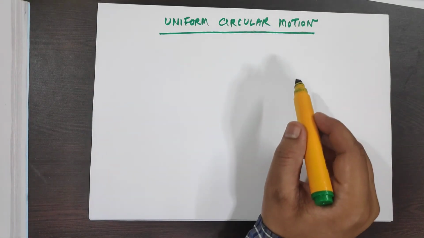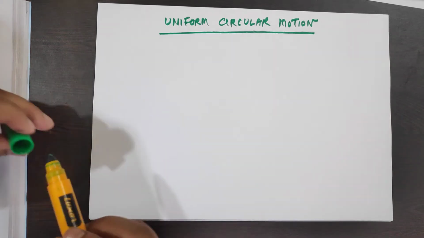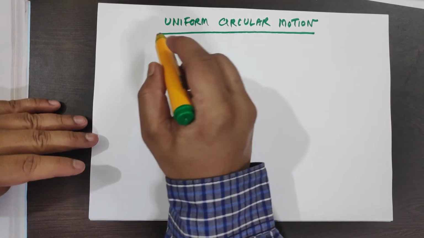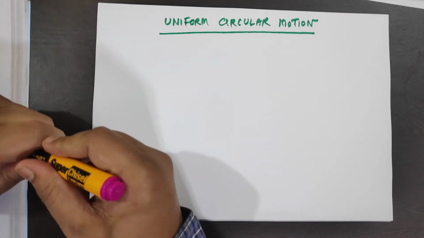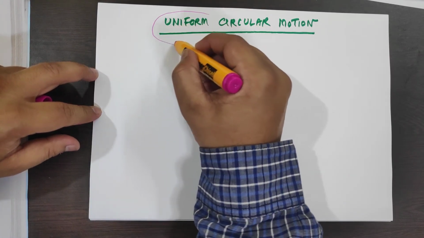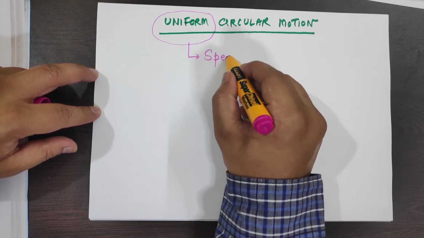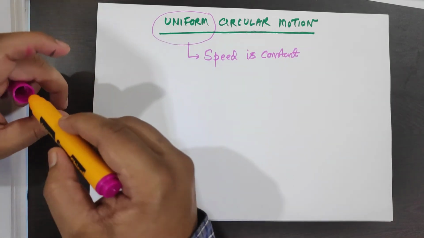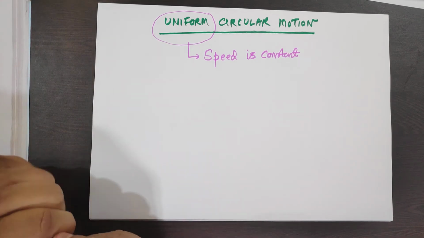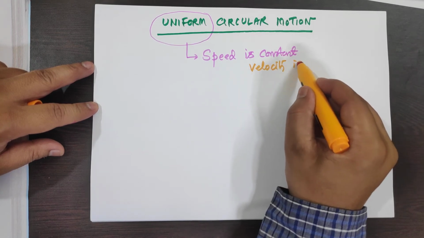Here the velocity of the particle is changing in a circular motion, that is, the particle travels in a circular path, and uniform means the speed is constant, right? Uniform circular motion means the speed is constant, speed does not change, but velocity changes because velocity is a vector quantity. Speed is constant but velocity is not constant.